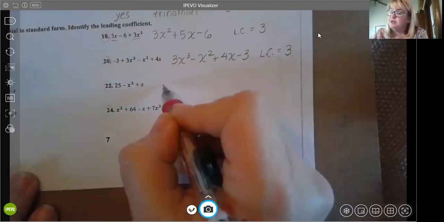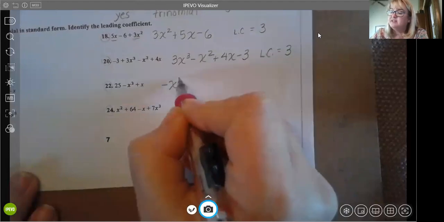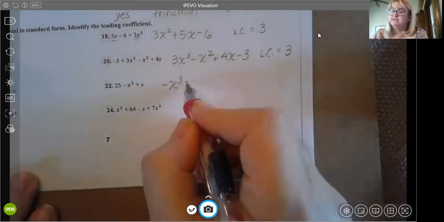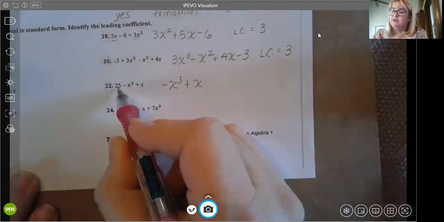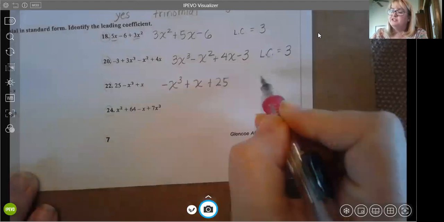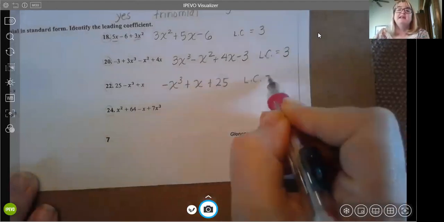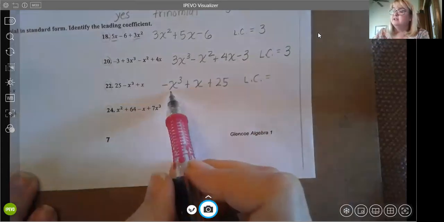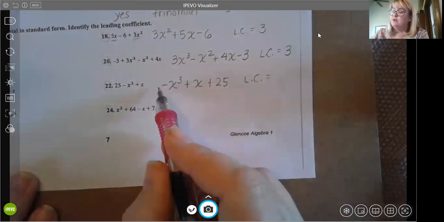So you need to be sure to put -x to the third. And then we got this degree of 1, plus x, and then plus 25. The leading coefficient is not written, but there is a coefficient here, and it would be 1. So the leading coefficient is -1.